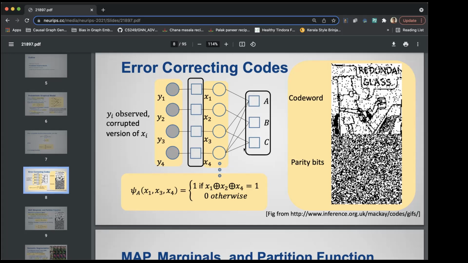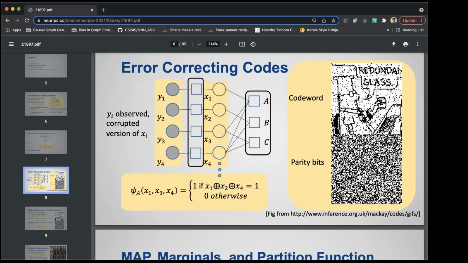And then for this ABC, these are the potential functions, the hand engineered functions that represent the parity constraints. So we have a measure of the compatibility of the uncorrupted bits based on how well they satisfy this constraint that maybe x1 XOR x2 XOR x4 is equal to 1.